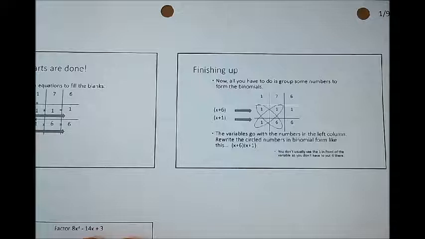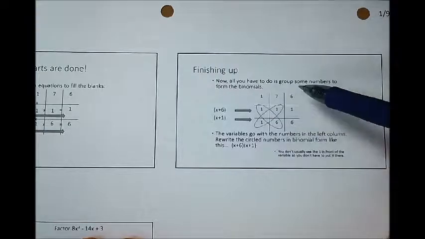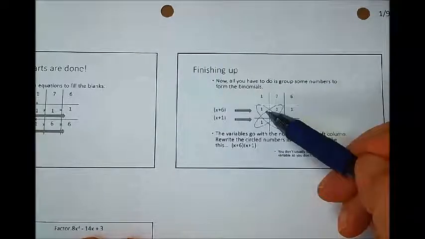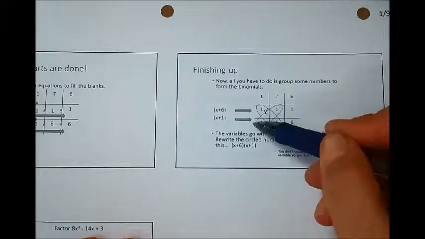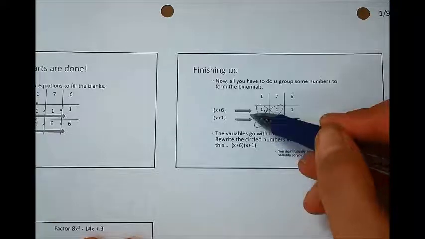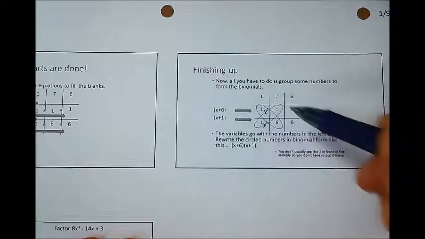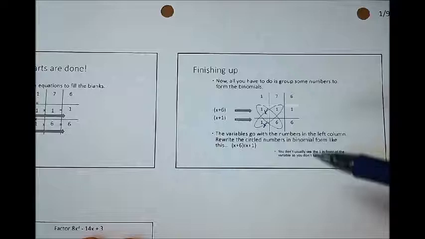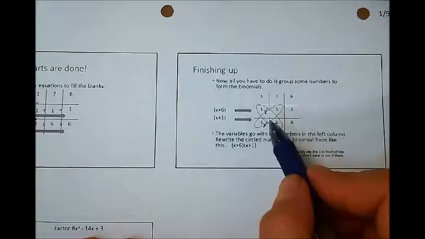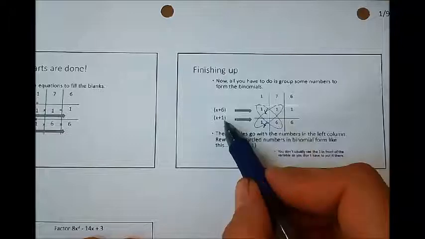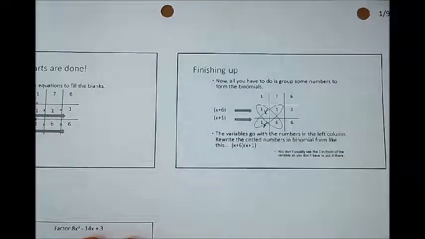Now that we have our box all filled in, we can say these are our x's, and you go catty corner in this little box here. This little box here, these 4 numbers are the ones that are important. So you say x plus 6 and 1x plus 1, which we don't need to put that 1 in front. Okay? That's all you have to do.